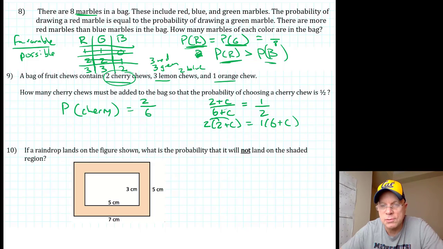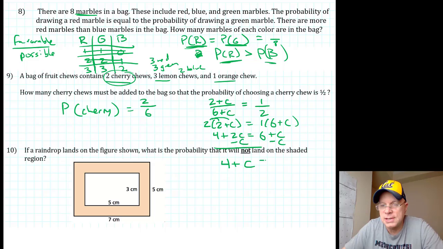If I distribute this 2 to both terms, 2 times 2 is 4, and 2 times C is 2C. There's no need to distribute this 1 to both terms, because 1 times 6 is 6, and 1 times C is 1C, which is C, so I just have 6 plus C here. If I subtract C from both sides, I get 4 plus 2C minus C is 1C.